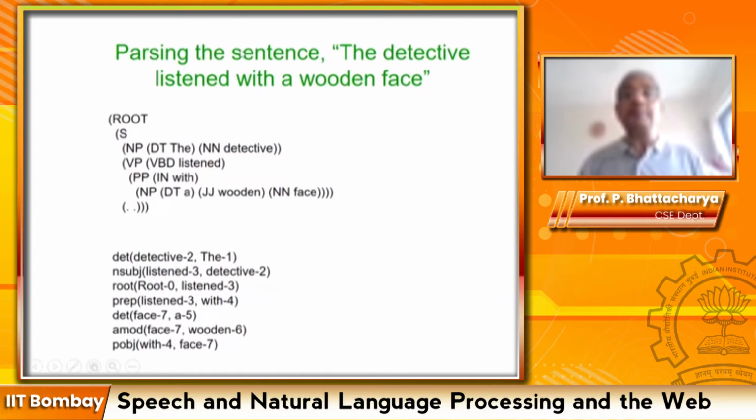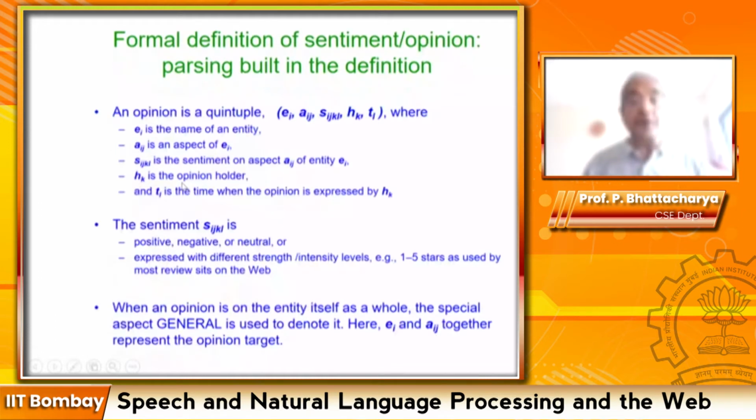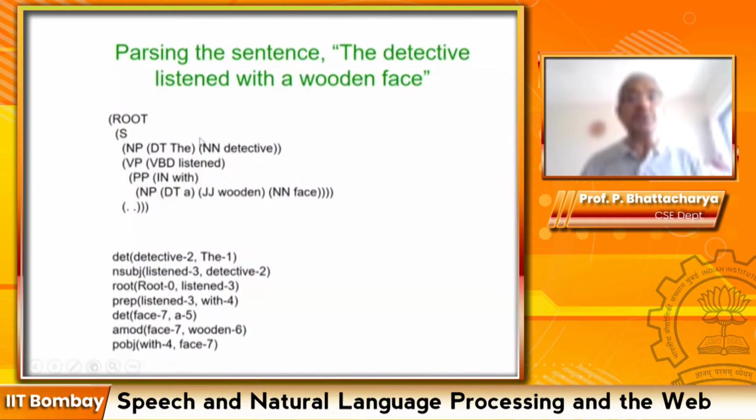Now, when we parse a sentence, like the detective listened with a wooden face, we pass it through the Stanford parser, which is a probabilistic parser and has been heavily used by the NLP community.